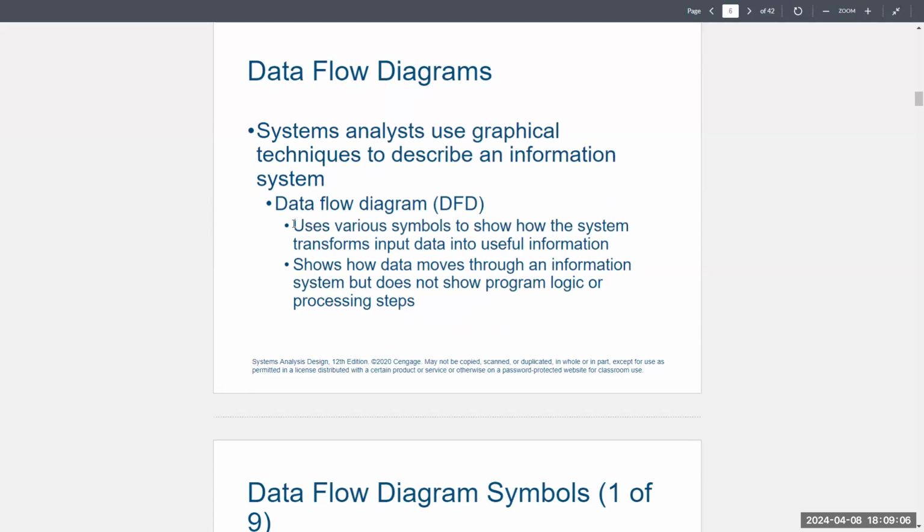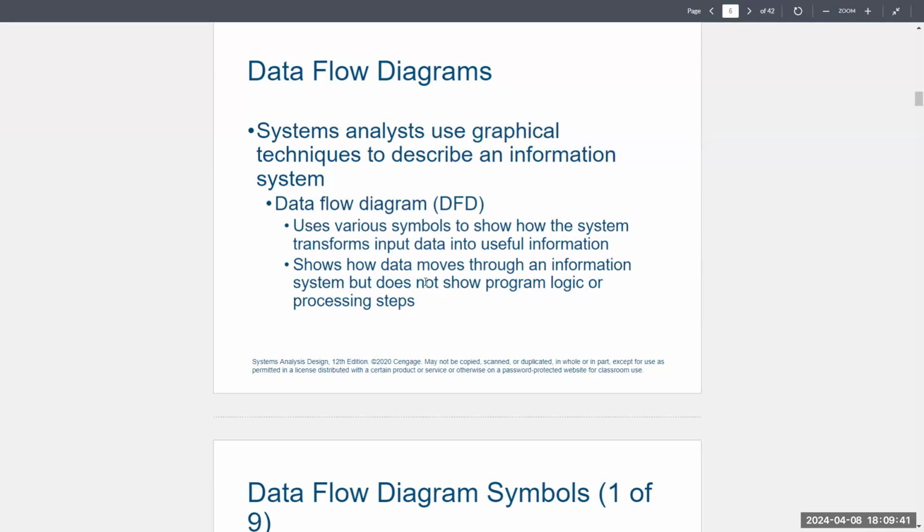It uses about 4 symbols that show what the different processes within the system are, what the external systems are that our system is connecting to or interfacing with, and the flow of the data: the inputs and outputs, the inputs to each process and the output from each process. It shows how the data is moving through that information system.